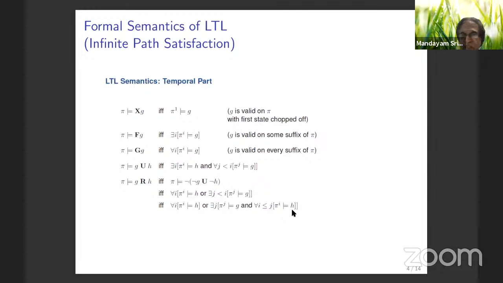Once g becomes true, h is no longer required to be true. So that's what these operators are, and we'll see how to handle all of them, expressing them as bounded model checking problems.